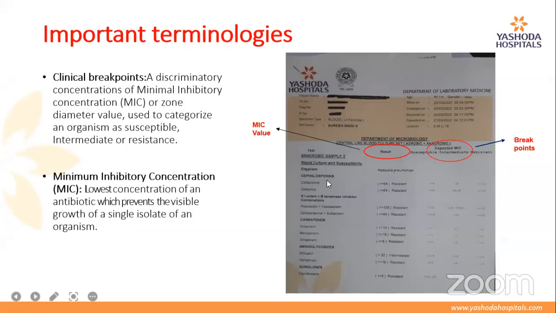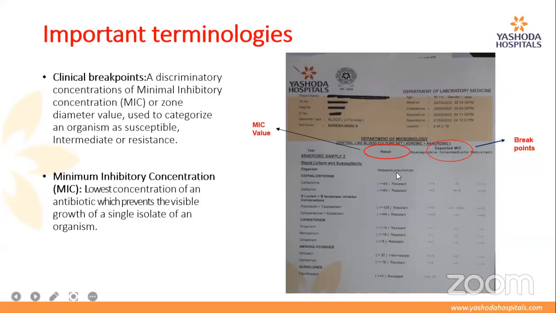So this Klebsiella pneumoniae, coming to cefepime, suppose the value is coming as 64, whereas our resistant value is more than 16. So a value of more than 16 is resistant. Here also it is 64 for cephalosporin sulbactam.